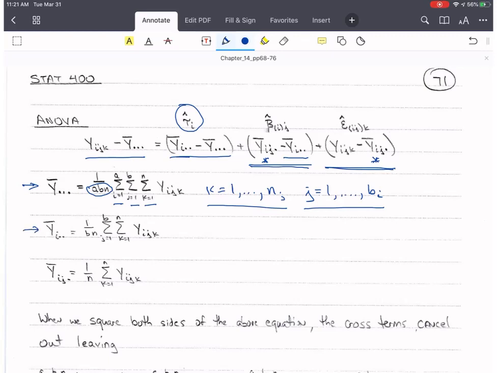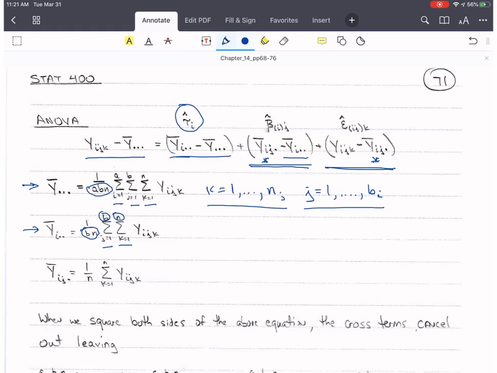Now the yi dot dot bar, we've got two dots, a dot for the j and a dot for the k, but we still have the i there. So we sum over the j, sum over the k, and then divide by the number in each, which are b and n. So we're dividing by b times n.